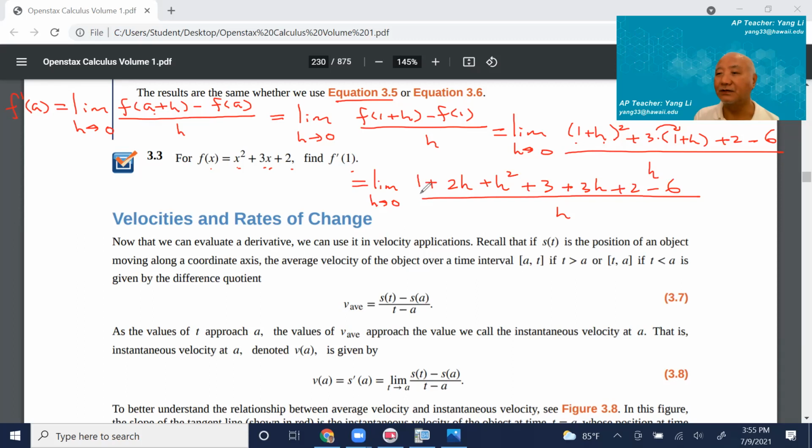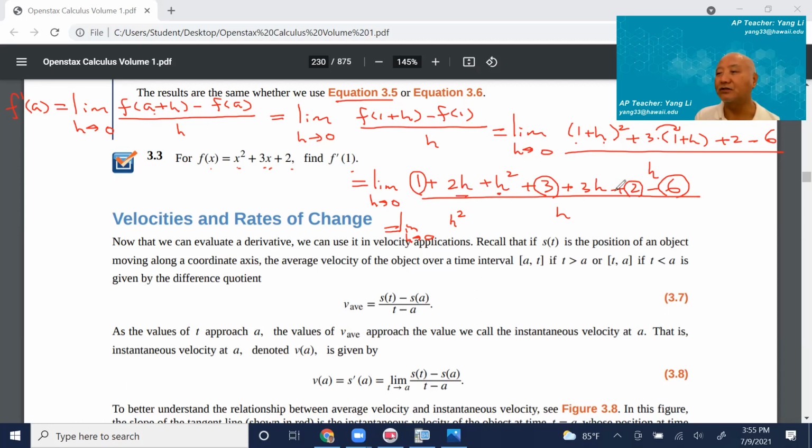Now you see here, this is 1, this is 3, together is 4. 4 plus 2 is 6. 6 minus 6 is 0, so no more constant number there. And then we're going to have the limit as h approaches 0. We put it in descending order of the power of h, okay? h squared, this one.